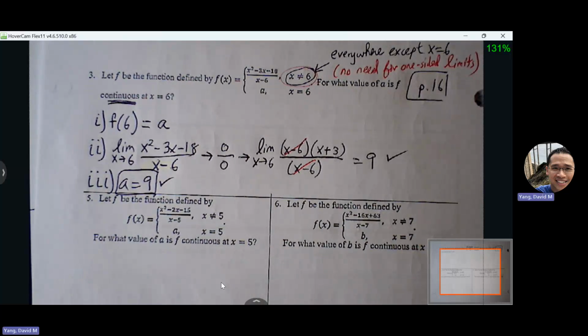Again, whenever you see a piecewise function with does not equal and equal to, understand that there's a graph and a point in question, and there is no need for one-sided limits.